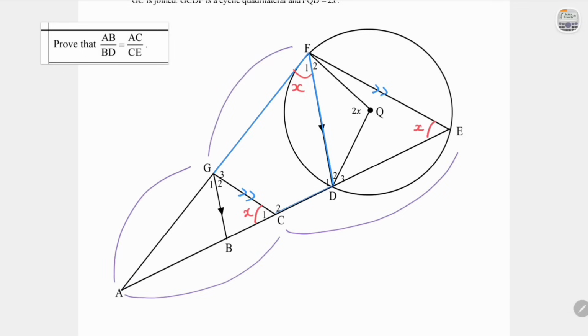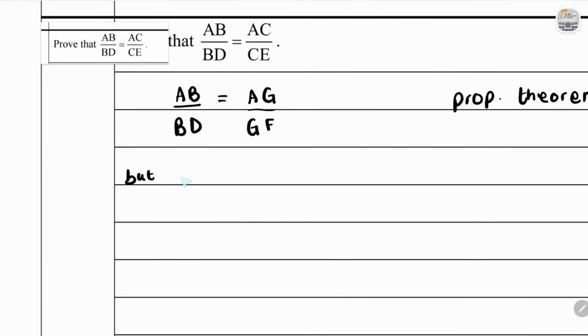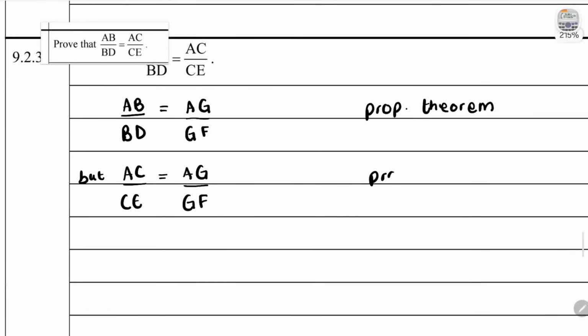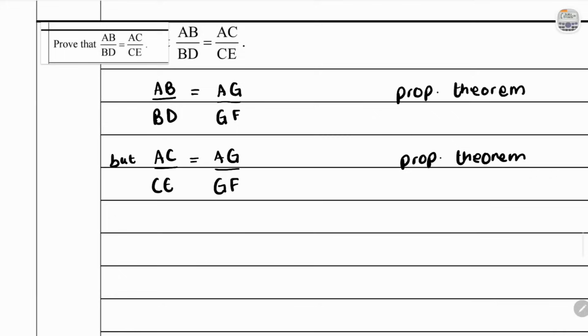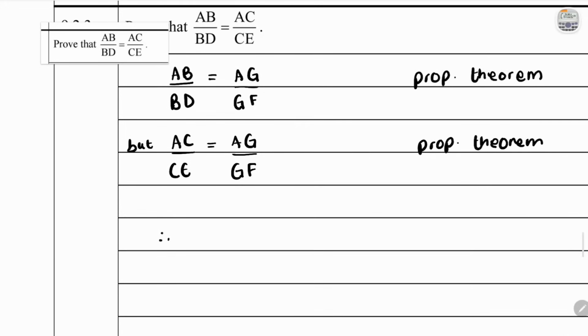For the same reason, but because of different lines. All in all, they're both equal to AG over GF. Okay, so I'll tell them that AC over CE is also equal to AG over GF for the same reason, because of the proportionality theorem. Okay, so now that we know that, here's what we can conclude.